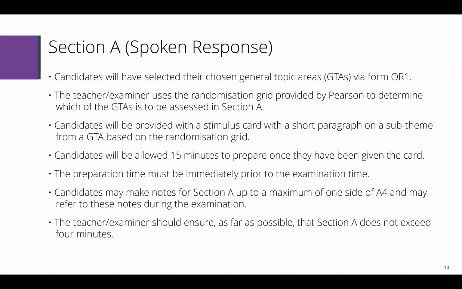So it's not that you can tell the candidate at the last minute, or in your last lesson before the oral, oh, you're going to do education and employment. No. They find out essentially when they are given that card to prepare, right at the final moment, really.